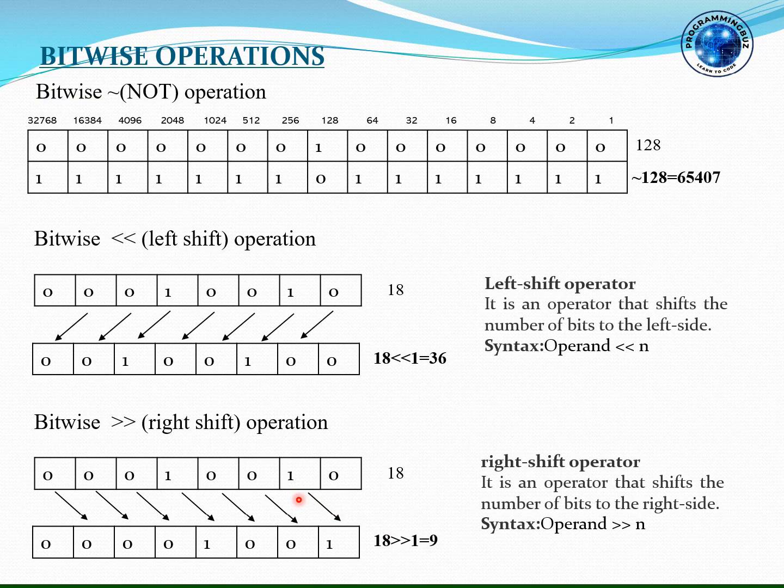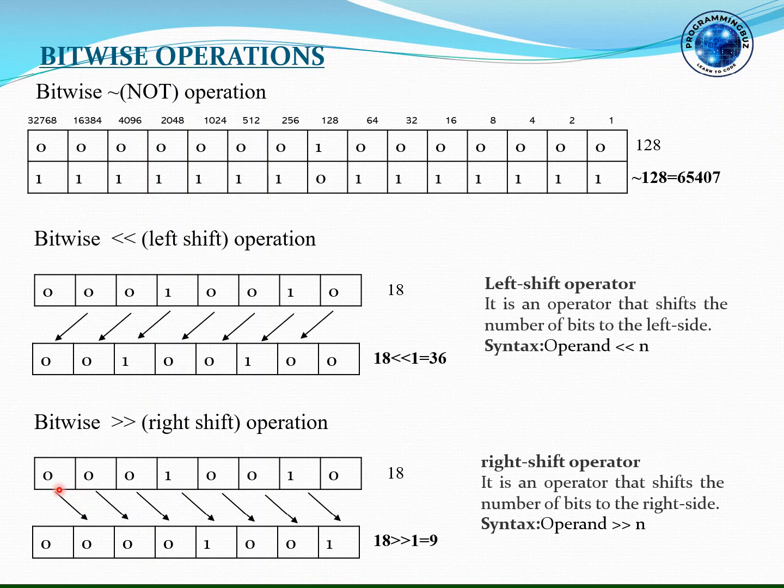If you shift right by 1, this last 0 will be deleted. This 1 will be shifted here, this 0 will be shifted right by 1 bit, this 0 will be here, this 1 here, and so on.